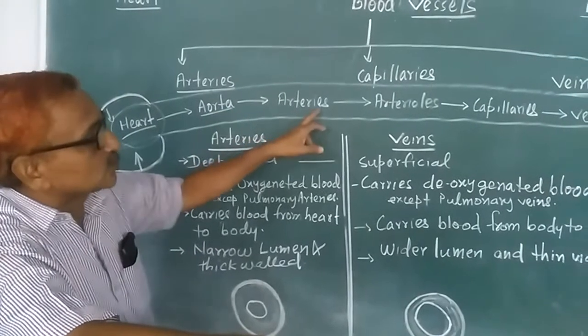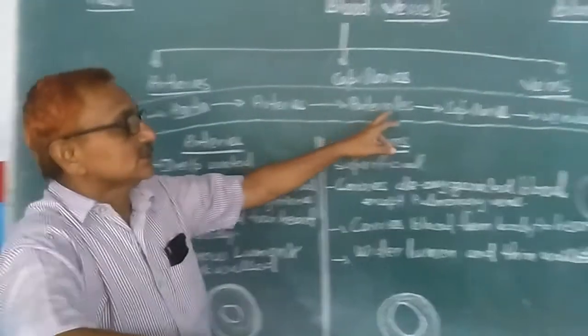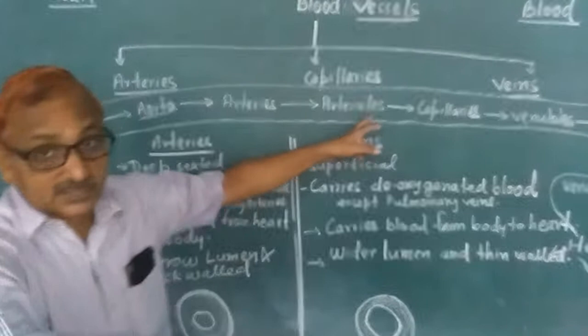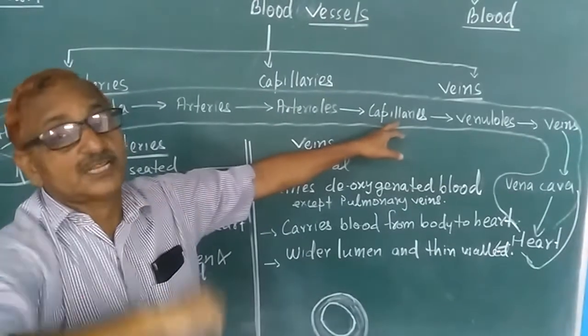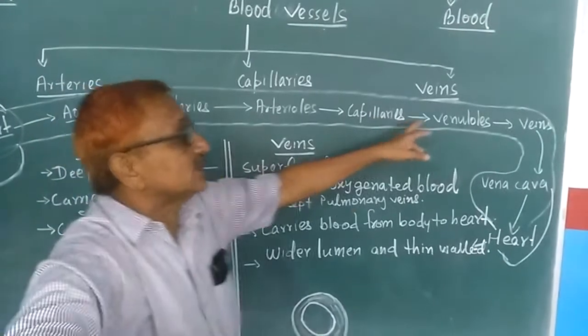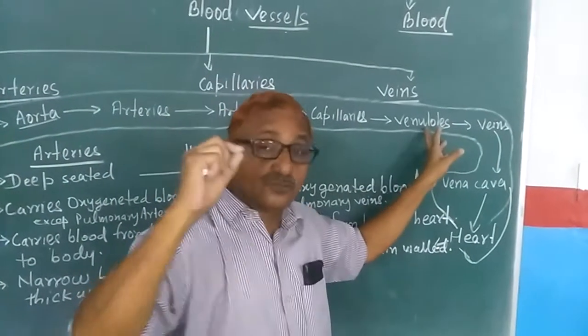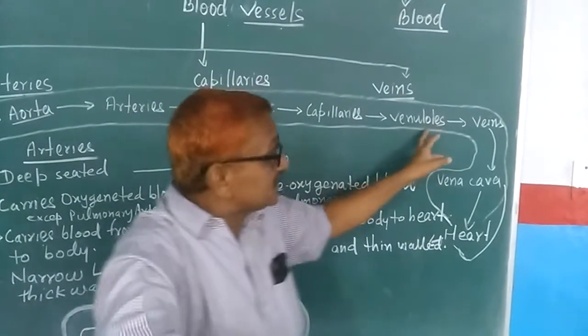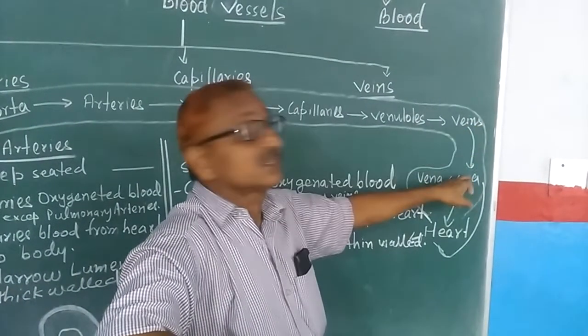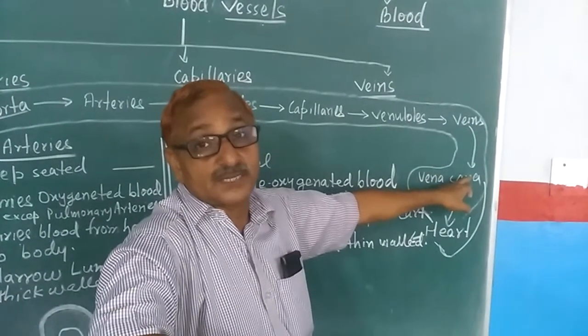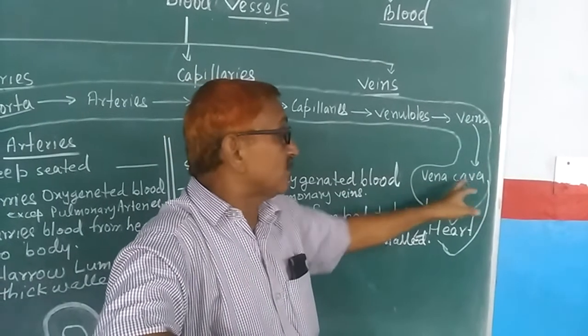From the aorta it goes to arteries. Arteries terminate into arterioles, and arterioles further join into minute capillaries. These capillaries join together into minute venules, and these venules join to veins, and small veins join to big veins, reaching the heart in the form of vena cava.